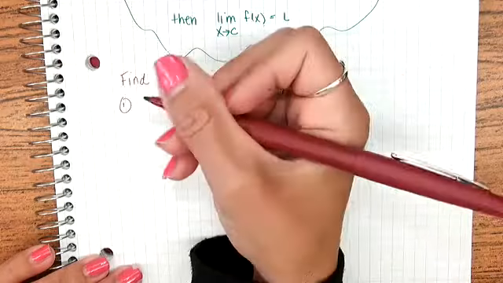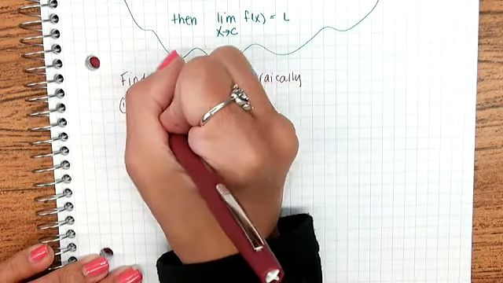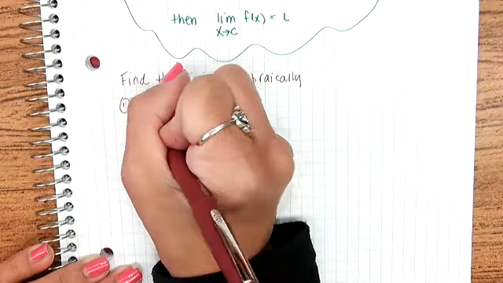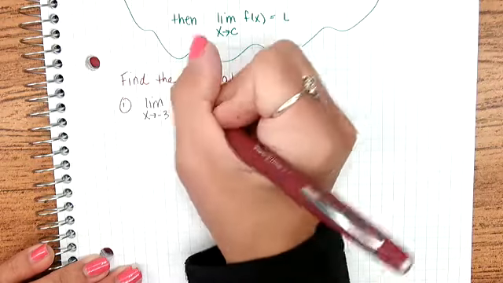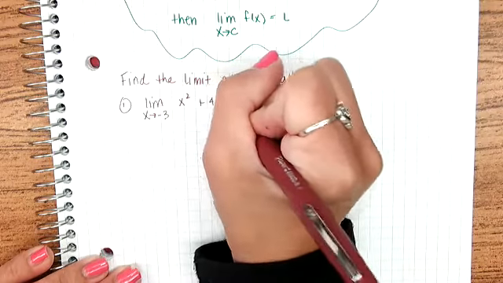So let's say I ask you to find the limit as x approaches -3 of x squared plus 4x minus 2.